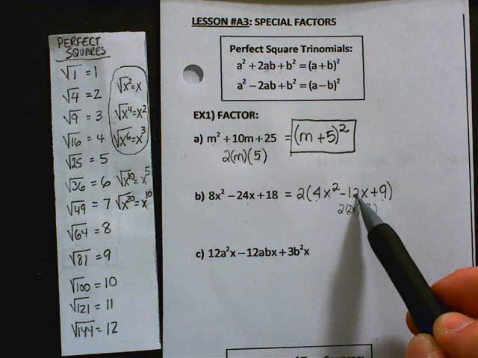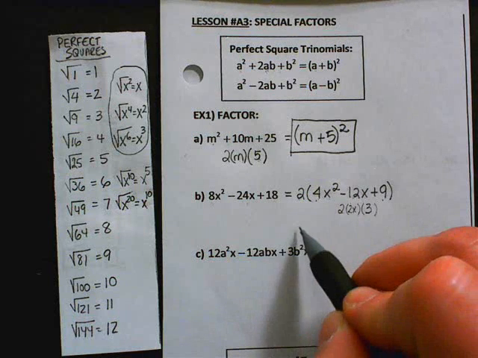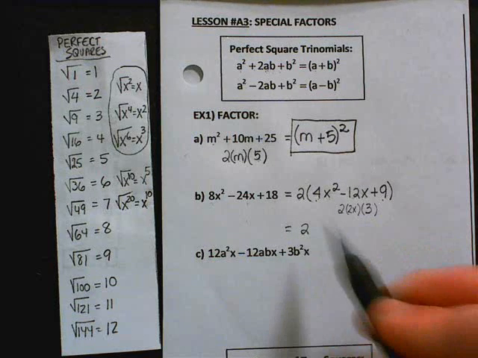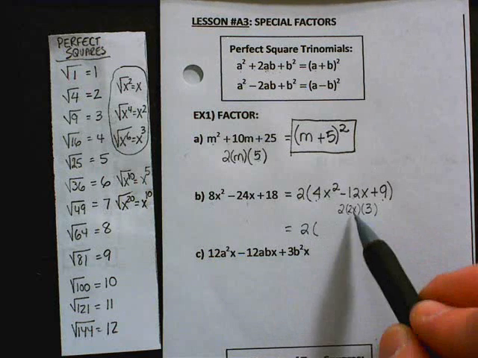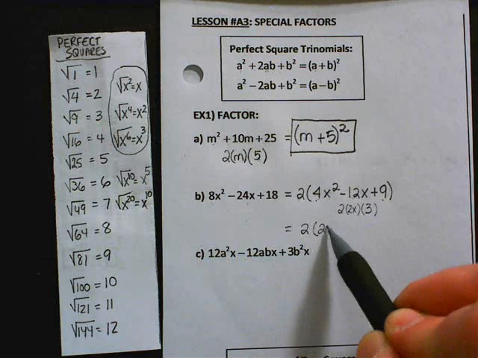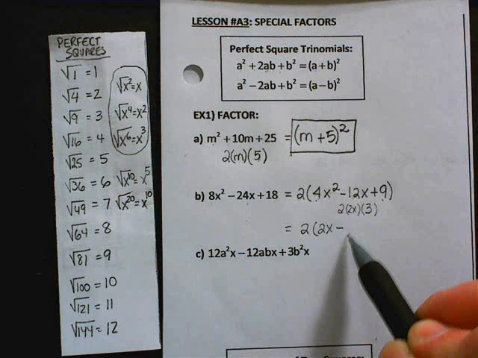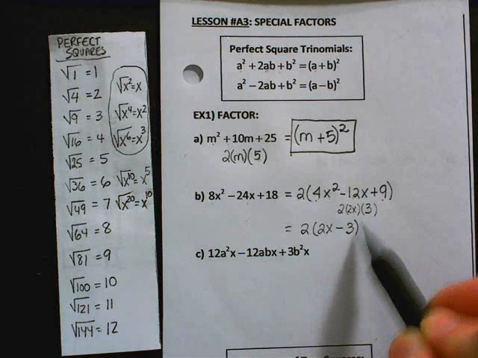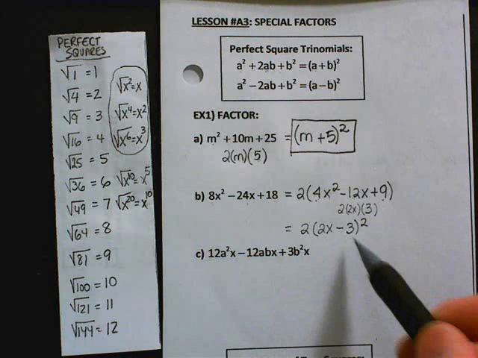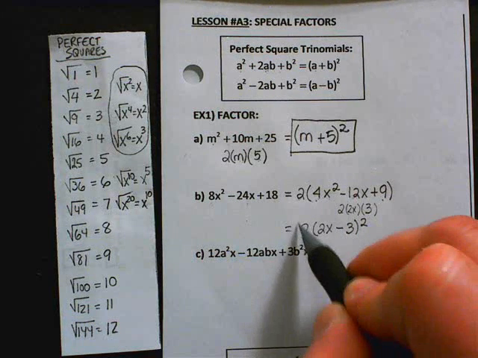Yes, it does. So that means I can rewrite this as the first term, 2x, put a minus, and then 3. So it would be 2 times (2x minus 3) to the second power. Alright, that's our answer.